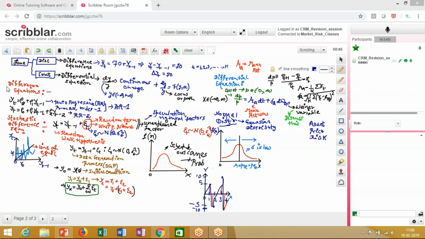So over here, let's say the asset price movements look something like this.